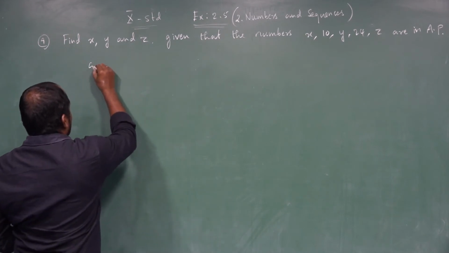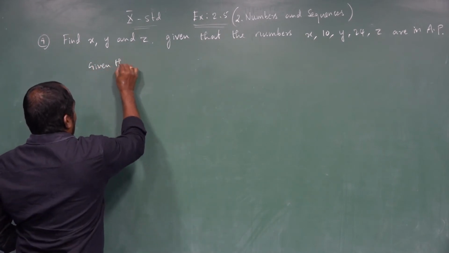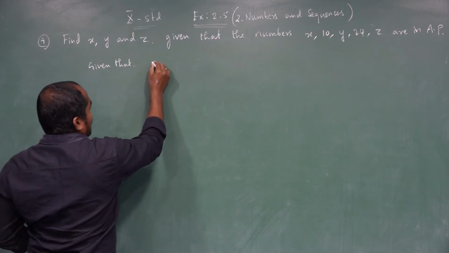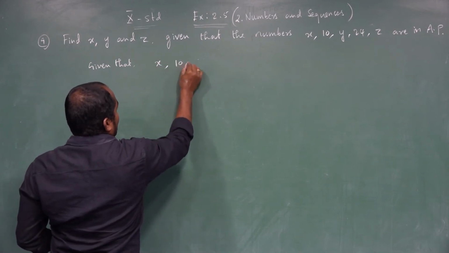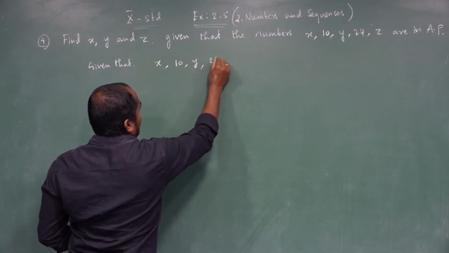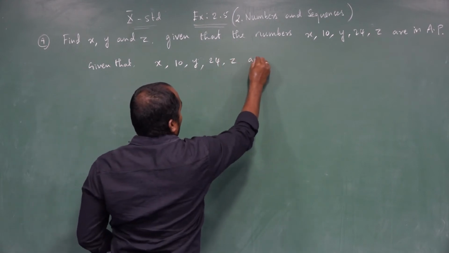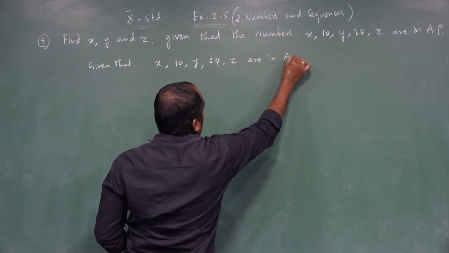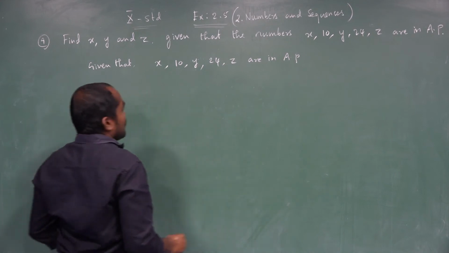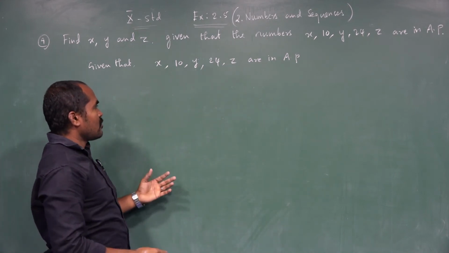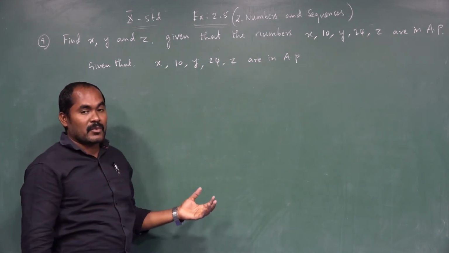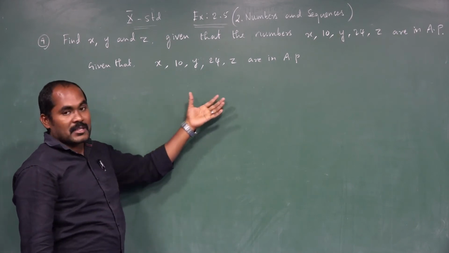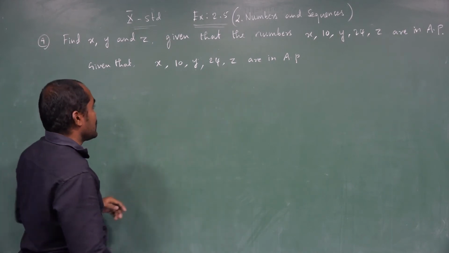So given that x, 10, y, 24, z are in arithmetic progression, right? So for any sequence, how do we find whether it is an arithmetic progression? Common differences are the same means arithmetic progression.